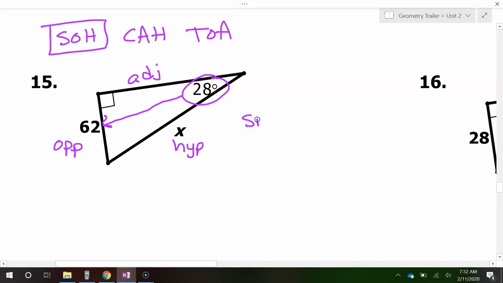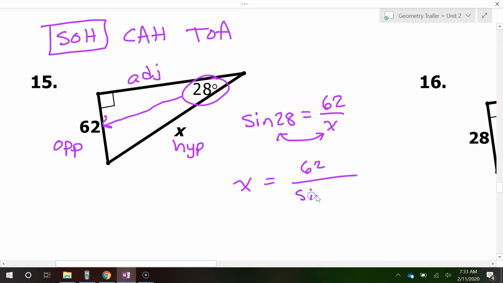So we will write sine of the angle is equal to opposite over hypotenuse, 62 over x. Now, when the variable is in the denominator, that's when you swap. So we will have x equals 62 over sine 28.